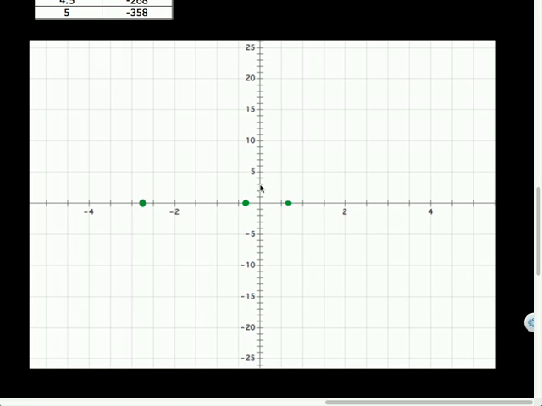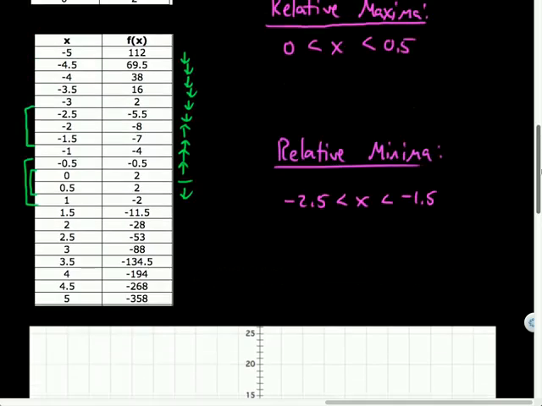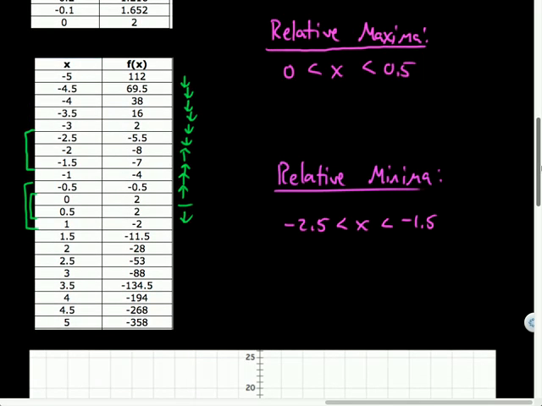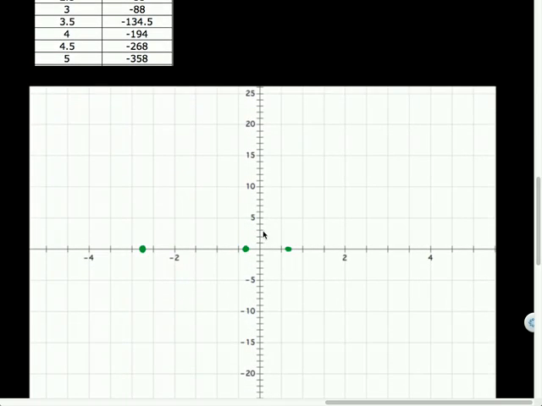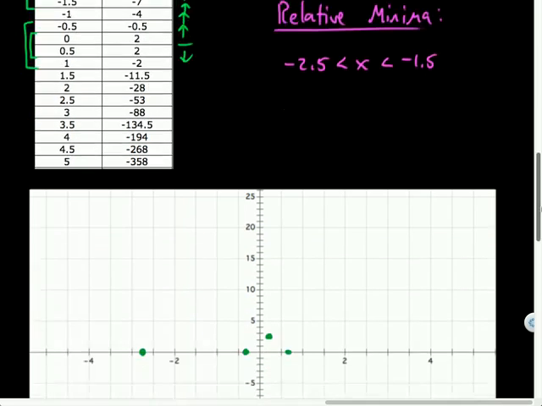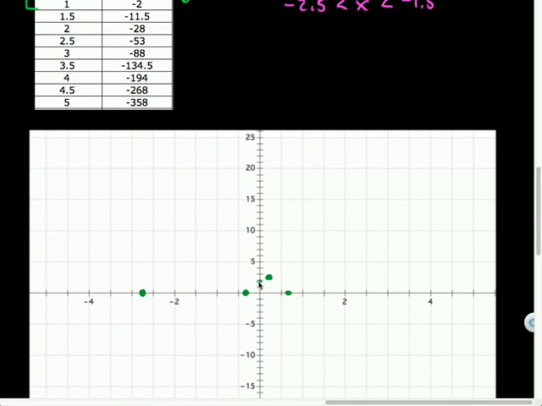What I could do is actually plug in a point closer than that, like maybe plug in 0.25 and see what happens. But yeah, we'll make it just a little higher than 2-ish. And it was between 0 and 0.5. So there's our summit right there. And the y-intercept is (0, 2). Oh, (0, 2) is the y-intercept. Another good piece of information.